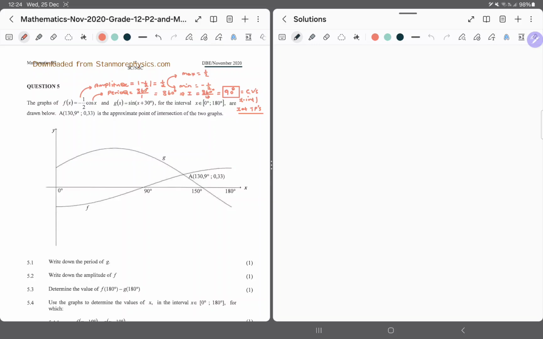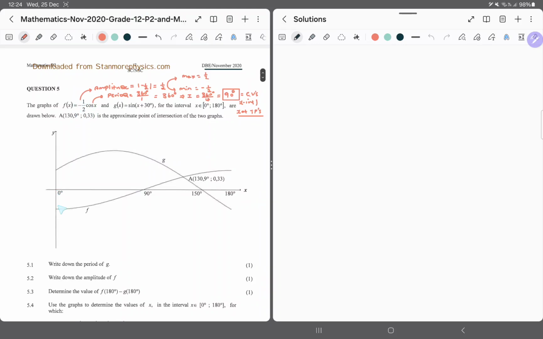So we'll explain this shortly. Now let's look at the cosine function. We will see that, of course, cos of 0 gives us a maximum, but now look at the f function. The issue was that there's a negative, so this graph is reflected about the x-axis.